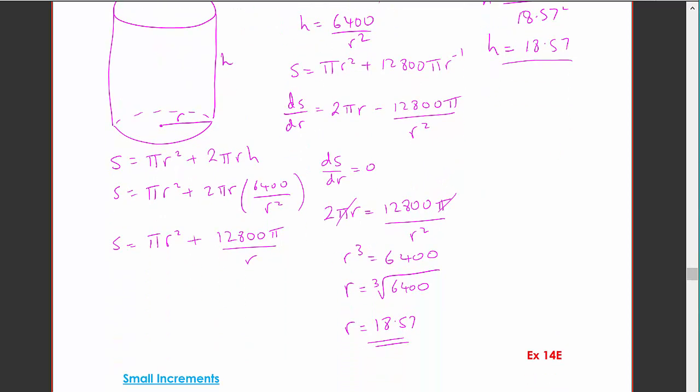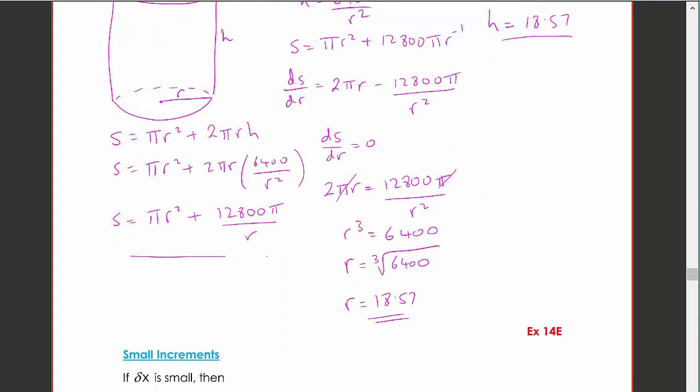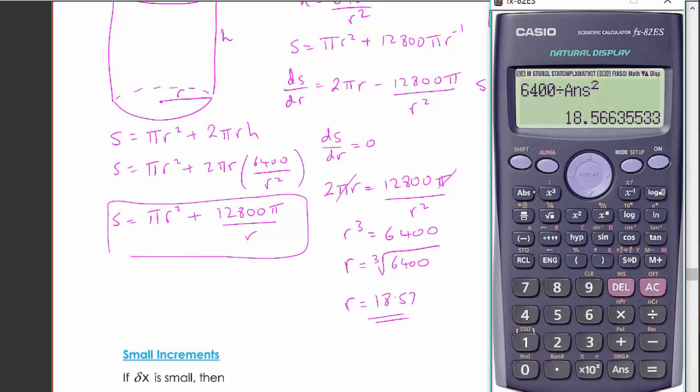And what do we also want to do? We want to state the area. So the surface area is this expression here. Let's go back to there. So that is going to be pi times 18.57 squared, add 12,800 pi divided by 18.57.